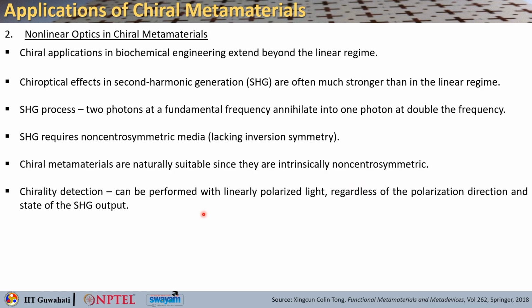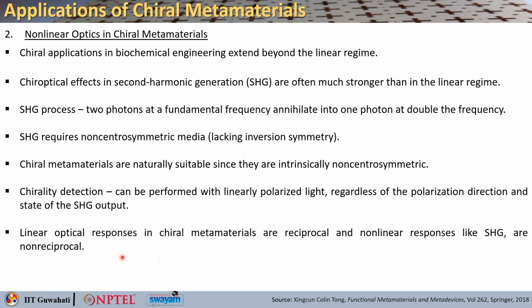Now, you can distinguish the chirality with linearly polarized light regardless of the polarization direction and the state of the second harmonic light output. So, linear optical responses in chiral metamaterials are reciprocal, and nonlinear responses like second harmonic generation are non-reciprocal. This is what we need to keep in mind.